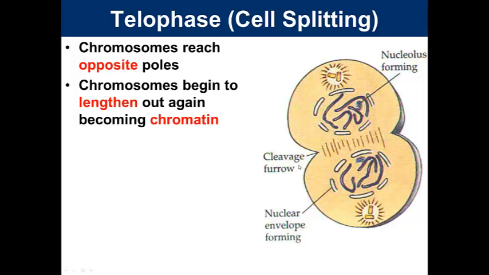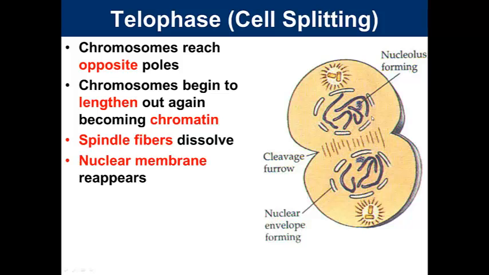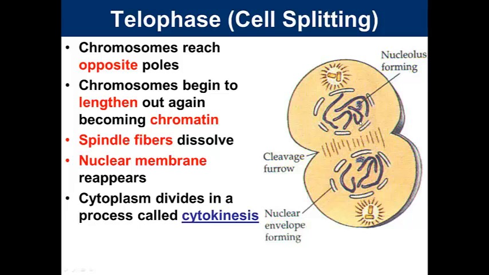The nucleus starts to reform, the nuclear envelope starts to form, and you start to get this indentation in the cell, especially in eukaryotic animal cells, called a cleavage furrow. This cleavage furrow isn't seen in plants. The spindle fibers dissolve, the nuclear membrane reappears, and the cytoplasm divides in a process called cytokinesis.